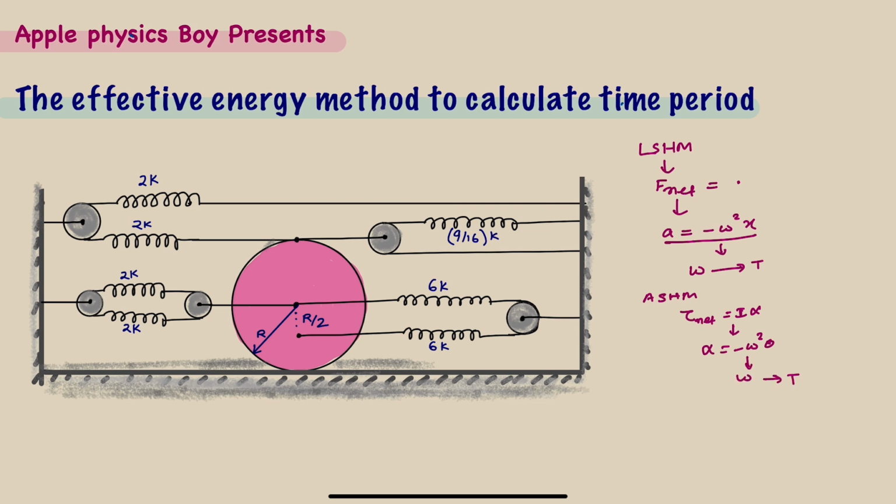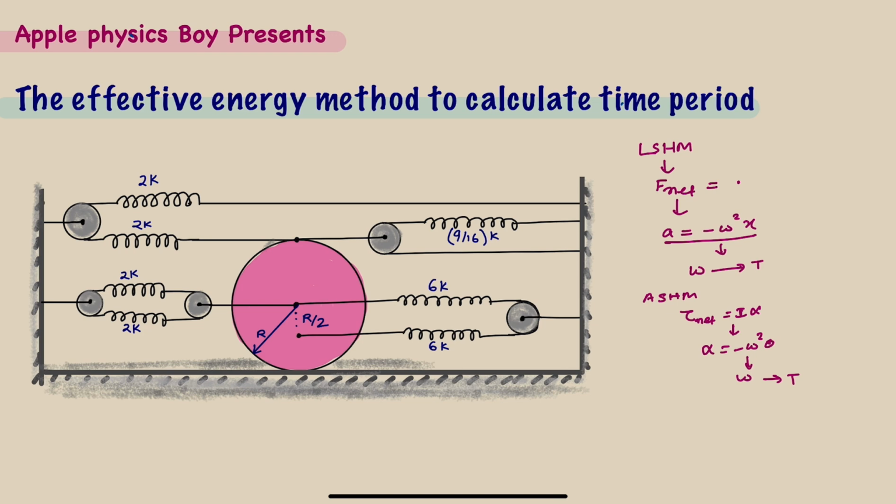But you see, in both the cases, the approaches that we follow are vector approaches. The vector approaches in themselves are sometimes difficult. We have to get the direction of the vectors right, and only then will we get the correct answer.